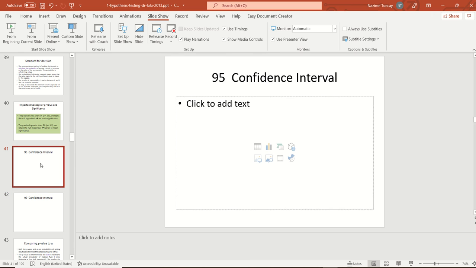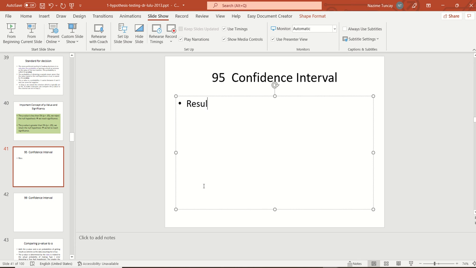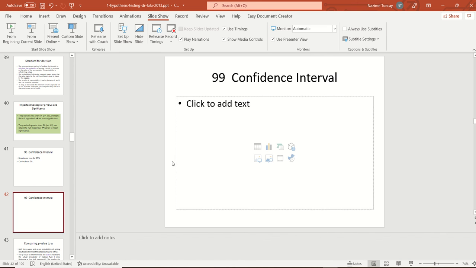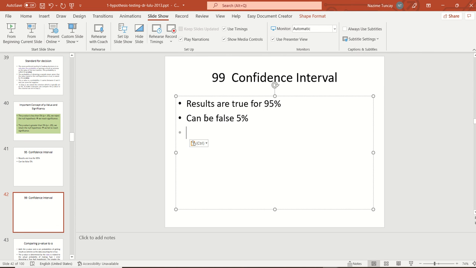A 95 confidence interval means that our results are true 95% of the time, but can be false 5% of the time. The 99 confidence interval means that results are true for 99% and can be false for 1%.